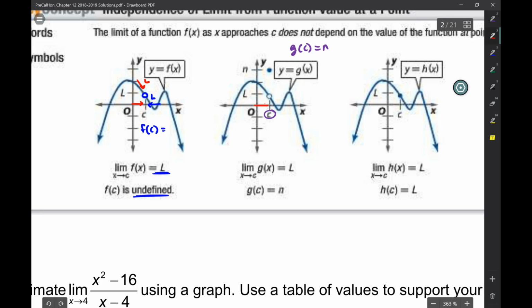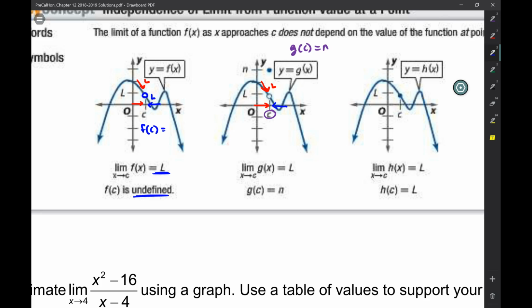Now, here's the question. As I'm approaching c from the left-hand side, what y value, vertically, is the graph approaching? L. Right? If I'm here, my graph is up here. As I get closer, the graph is going down, down, down to L. Now, from the opposite side, as I'm approaching c, the graph is going up, up, up to what value?